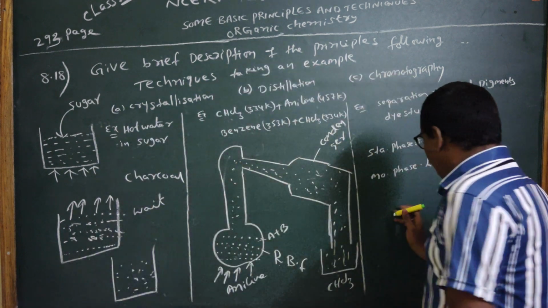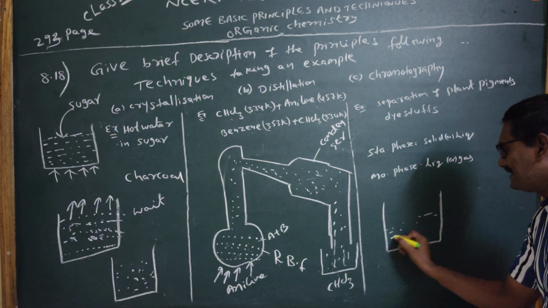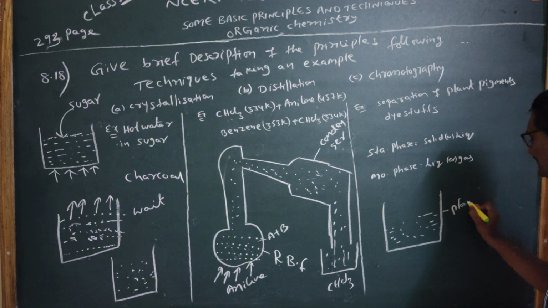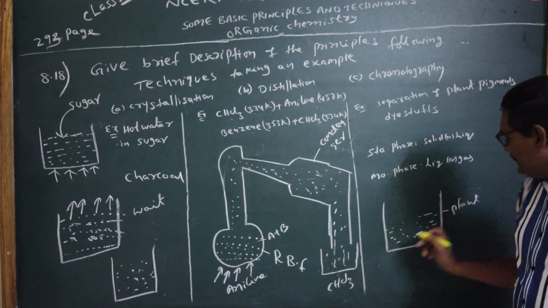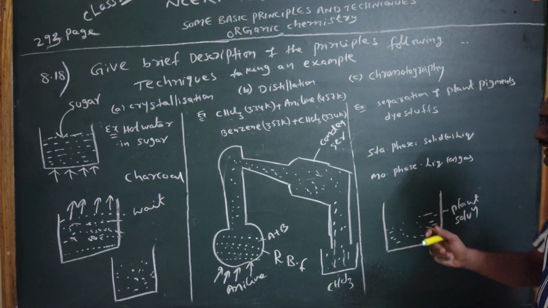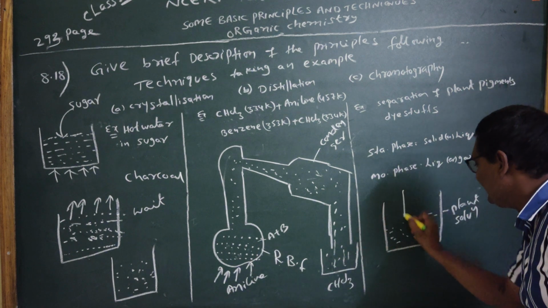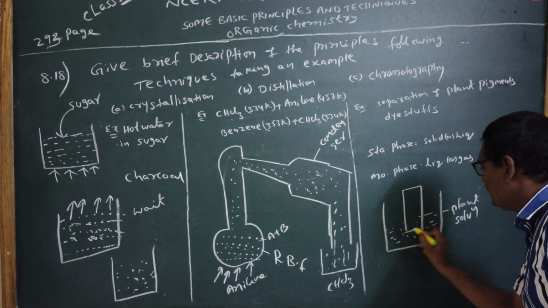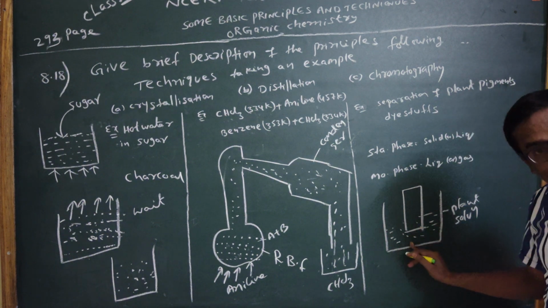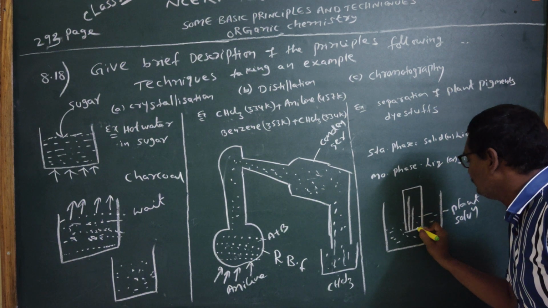Now we take a plant solution in the beaker, and place a chromatographic glass plate in it. If it contains three color pigments, three lines are formed.